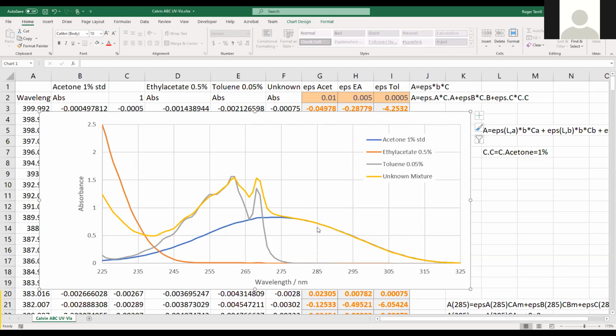Sorry, can you repeat that? Of course. Can you determine the amount of toluene in the unknown spectrum using the absorbance at this wavelength right here, hopefully you can see that?